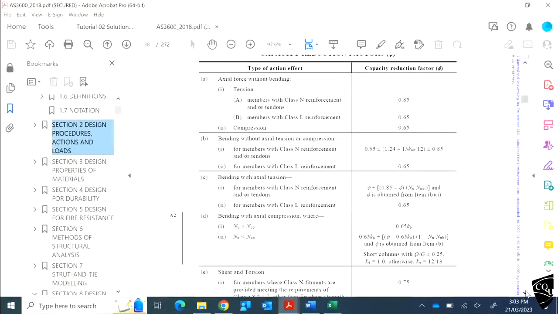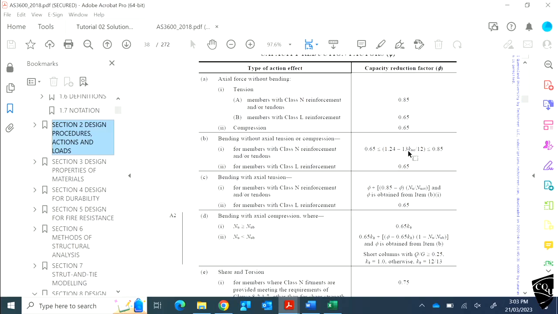So if you look at this phi value here, up to Ku is equal to 0.36, if you substitute any Ku value, if you have a calculator, you can check it.